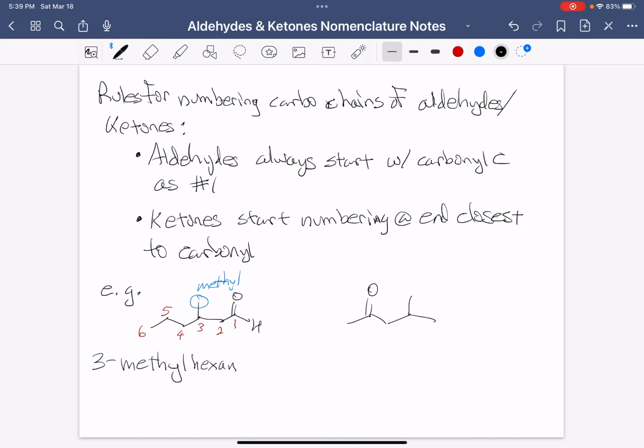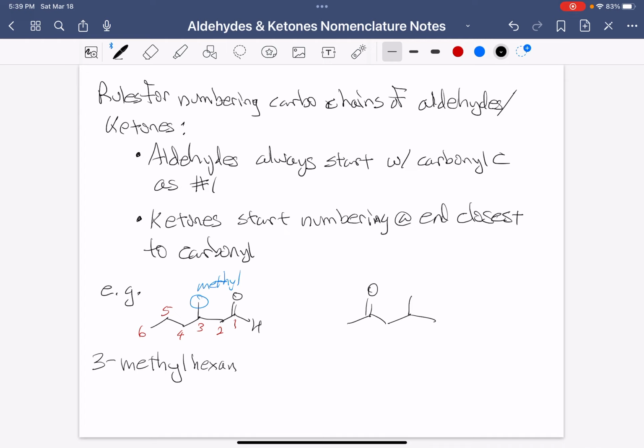It would be hexane if it was just a hydrocarbon. There are no double bonds in the carbon chain. So it would be 3-methylhexanal. Now looking at our ketone, I could number this 1, 2, 3, 4, 5.